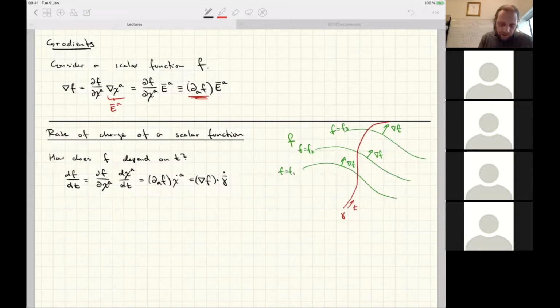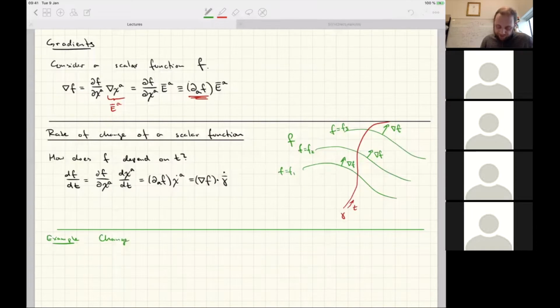Just to take an example of that, is the change in potential energy. So if you have dV/dt, now I'm going to let t be a curve parameter, which is time.